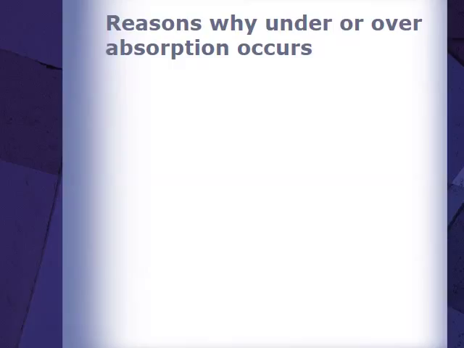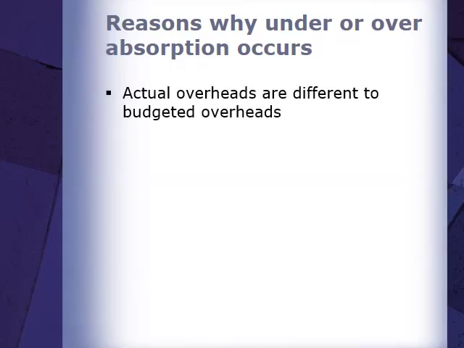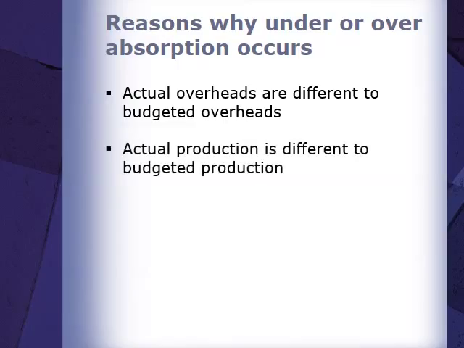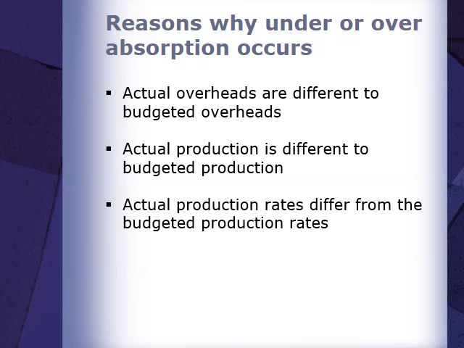Now, why do these under or over absorptions occur? Well, there are a number of reasons. First of all, our actual overheads may be different to the budgeted overheads. Secondly, our actual production levels might be different to budgeted production, so we've produced more or less than we were expecting.